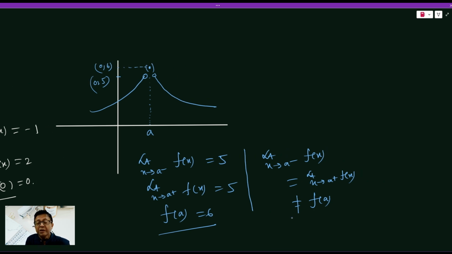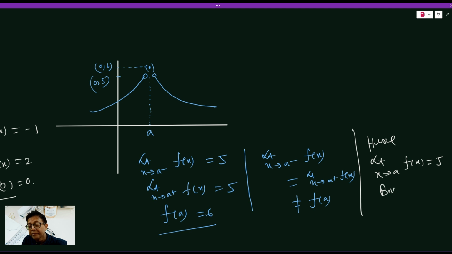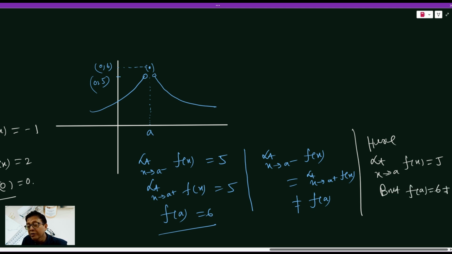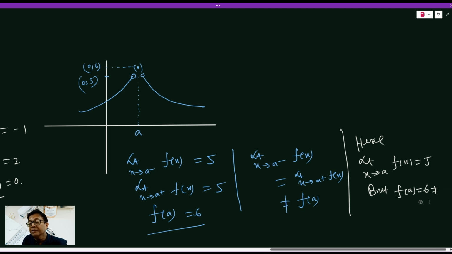Limit exists. You can see that here limit x tending to a of f(x) is 5, but f(a) equal to 6, which is obviously not equal to 5. So the function is not continuous.